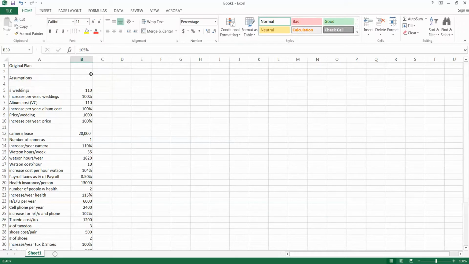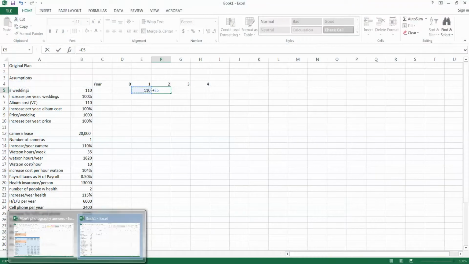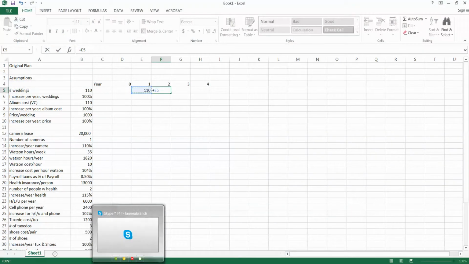Now I am ready to build my years. So I've got year 0, year 1, year 2, year 3, and year 4. We want to include a year 0 here, even though right now we're not using it, because later on we might make an initial investment. So the number of weddings per year in year 1 is going to equal our assumption, and in year 2 it's going to be our assumption for year 1 times our increase per year.